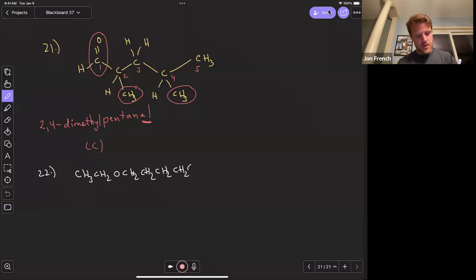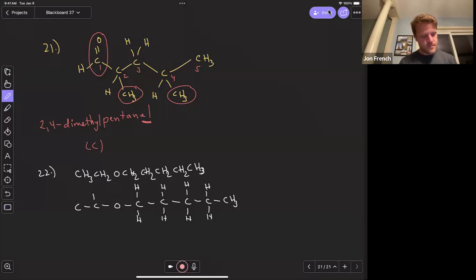One, two, three, 4, and 5. I'll draw out the full structure if the condensed structure is kind of giving you a hard time. So ethers are named in both halves, just like esters, where we're going to name the largest half as our base name.